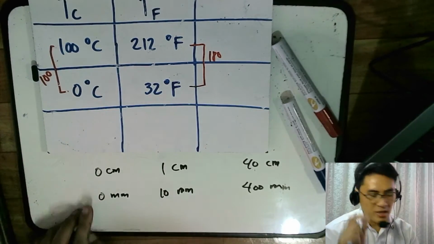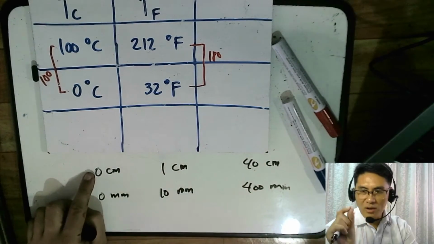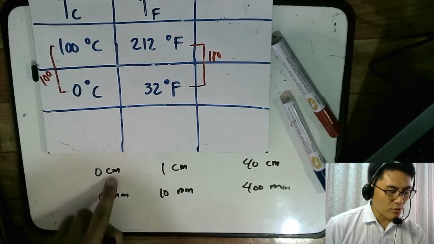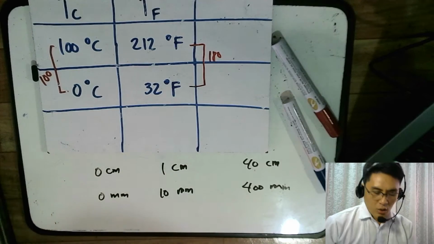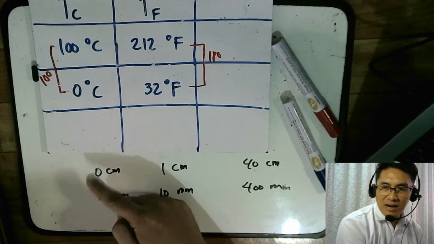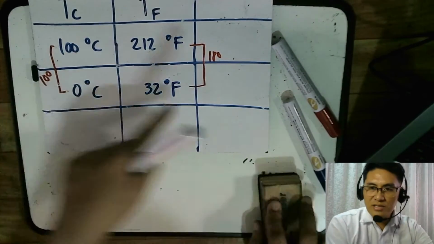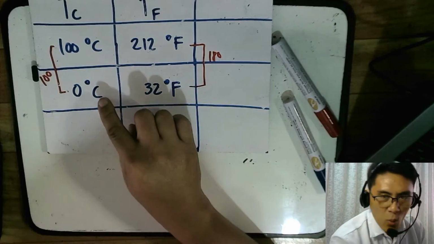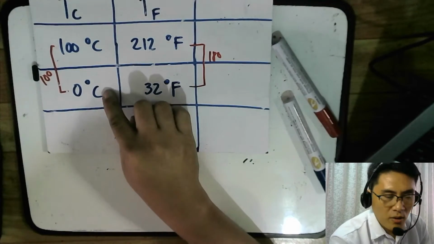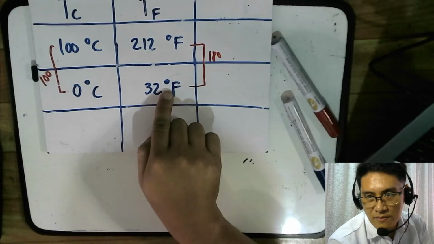Because after all, 0 cm means no length. So if there's no length, no matter if you measure it in cm or in mm, it's always going to be 0. So what I'm trying to say is the zeros are aligned, right? But in temperature, notice that the zeros are not aligned, because when Celsius is 0, Fahrenheit is not 0. Okay?